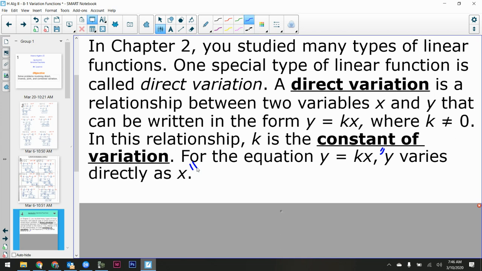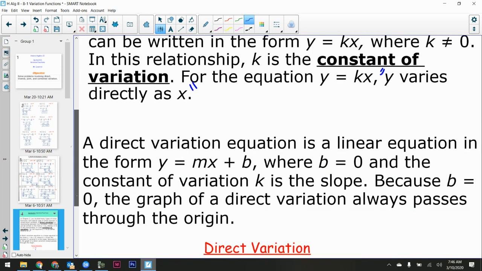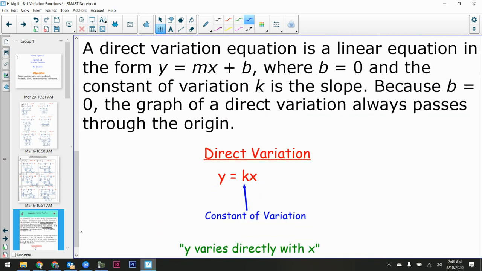We're going to learn other types of variation, but this is what's called a direct variation. A direct variation equation is a linear equation in the form y equals mx plus b, where b is 0. We talked about it not having a y-intercept, or the y-intercept being 0. It has to run through the origin. Every single direct variation must run through the origin. If it does not, it is not a direct variation.